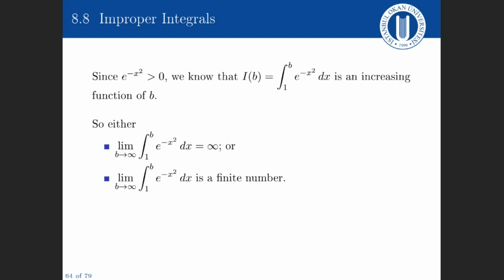So there's two possibilities when we take the limit. Either the integral keeps getting bigger and bigger as b increases, and the limit is infinity, or it stops getting bigger and becomes a finite number.